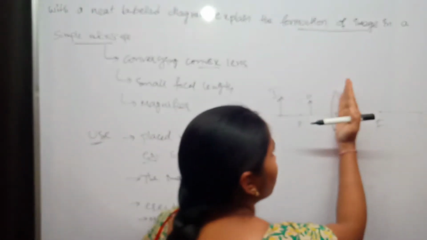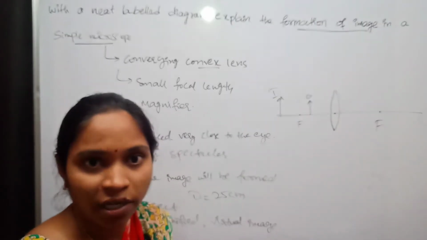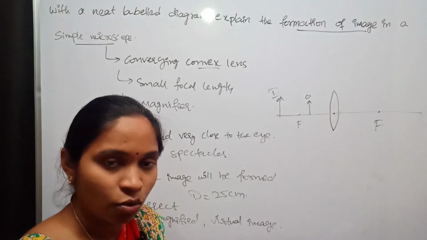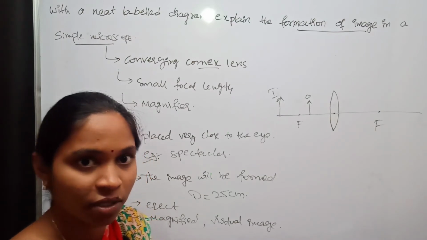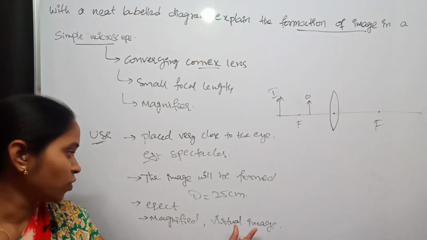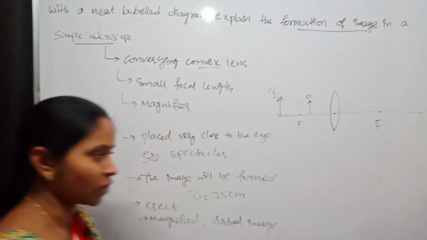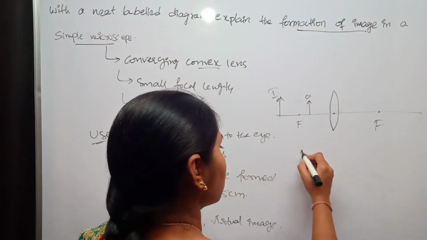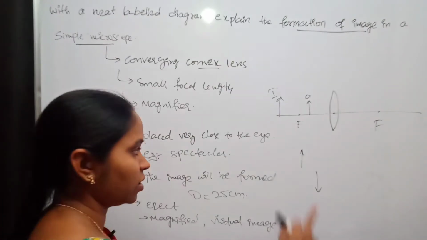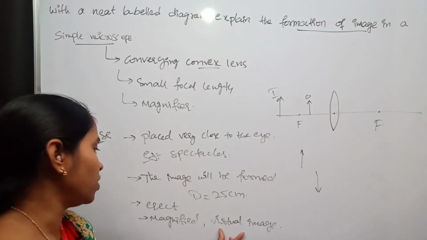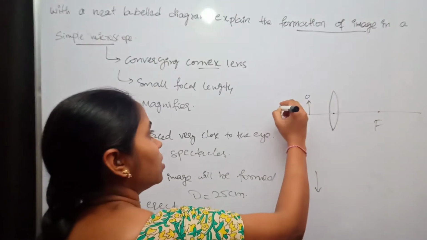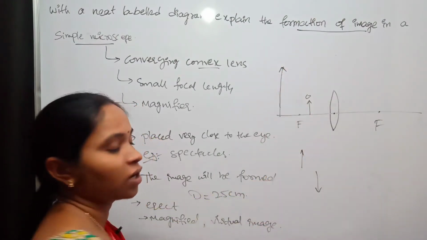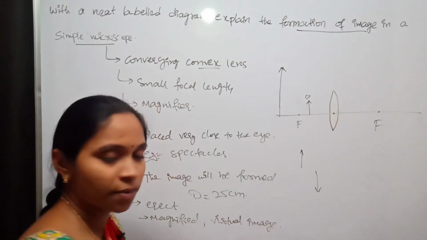If the image is formed on the other side of the lens, then those images are known as real images. Here the image formed is erect, not inverted. It is a virtual image and is magnified. Magnified means it is enlarged compared to this object.